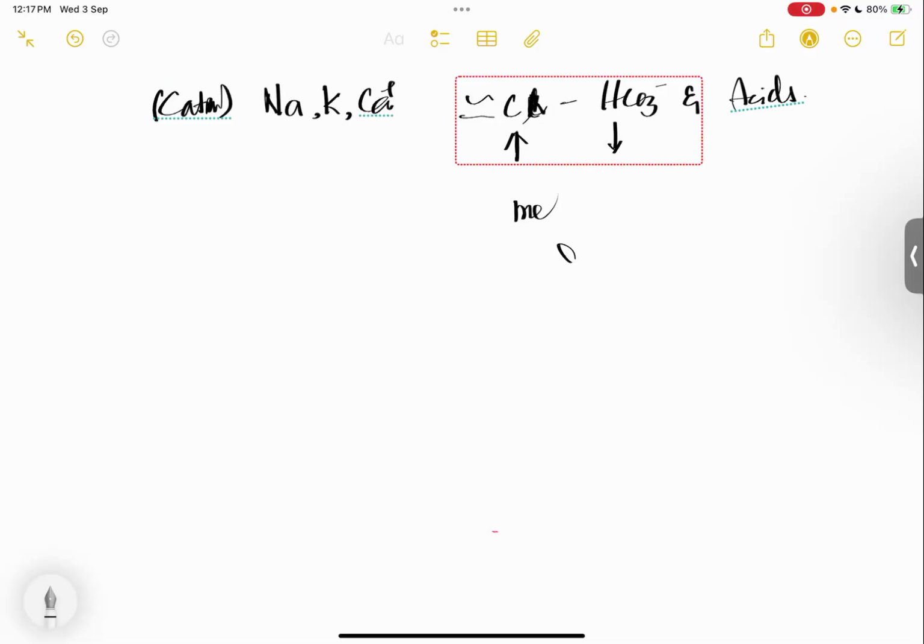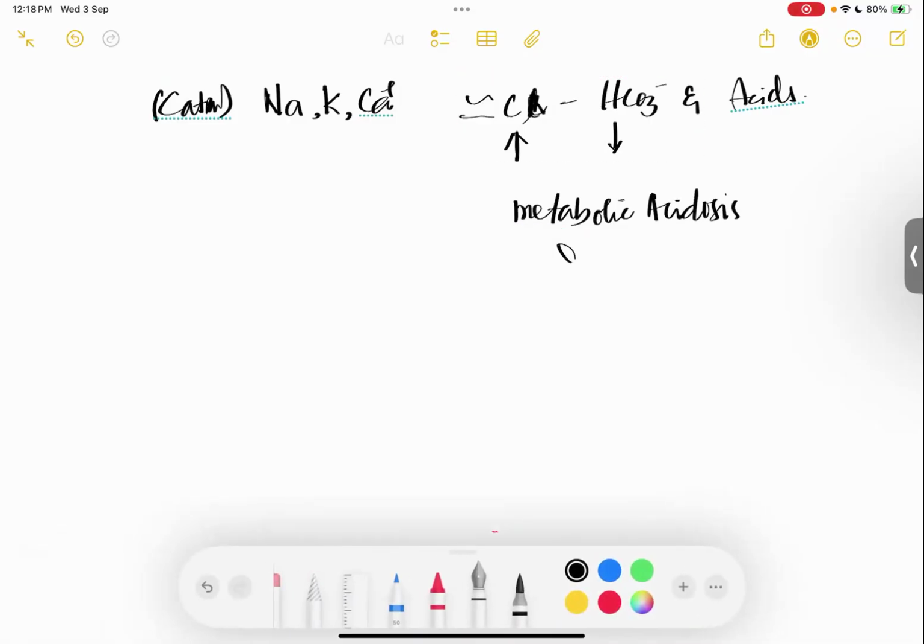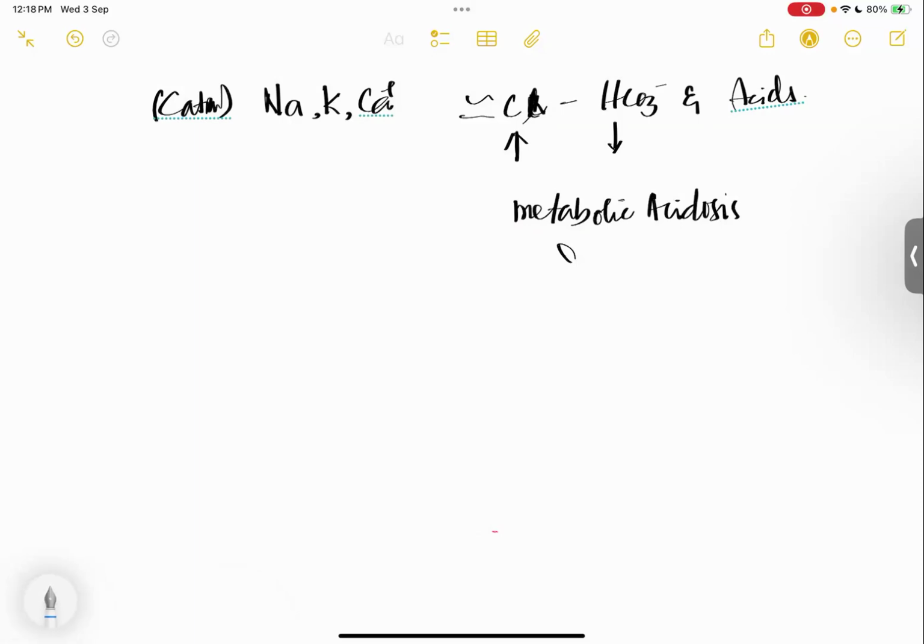We got metabolic acidosis, okay? What if we increase acids? What will happen? We will have decreased bicarbonate, and we will have metabolic acidosis.